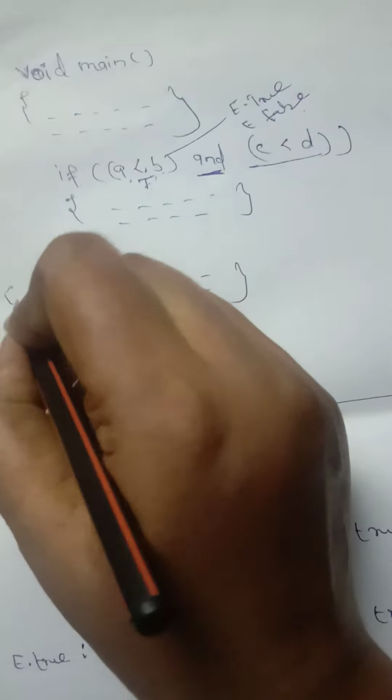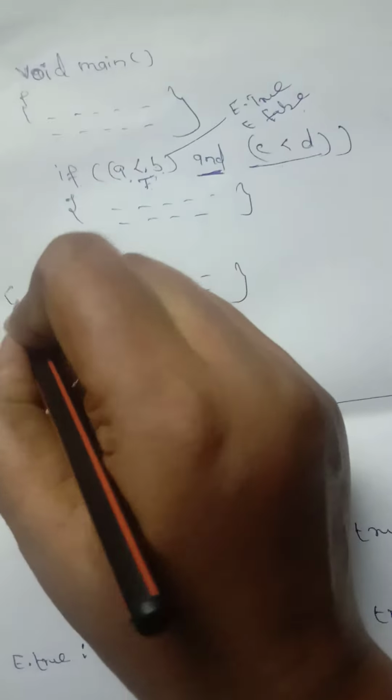Suppose the condition is true, then we can check the next one, whether C less than D or not. Again it may generate two values because of the second expression. So E1 dot true or E1 dot false. If it is true, we have to execute this part, otherwise we have to execute the else part.